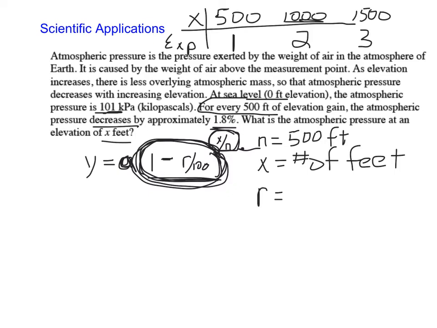R is your interest rate. Y is your air pressure in kilopascals. And A is your initial amount of air pressure.